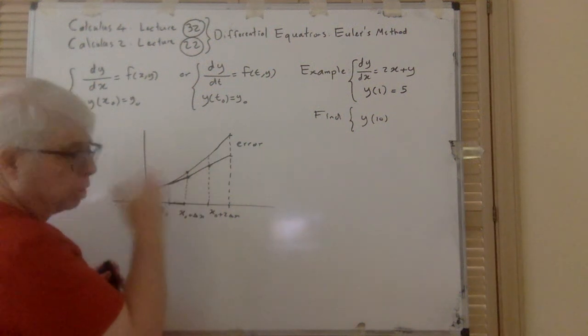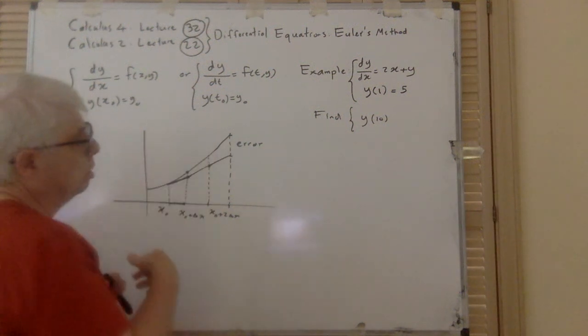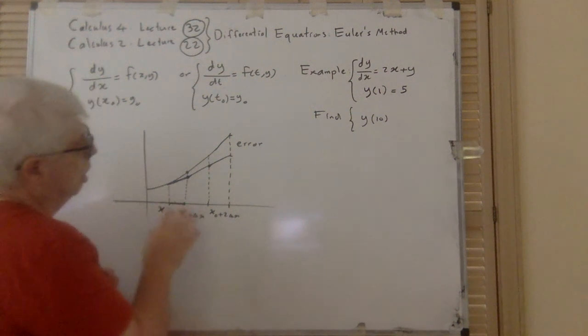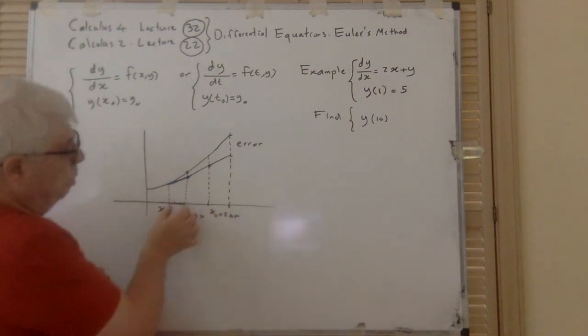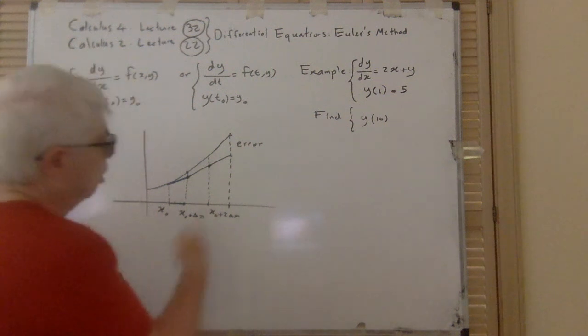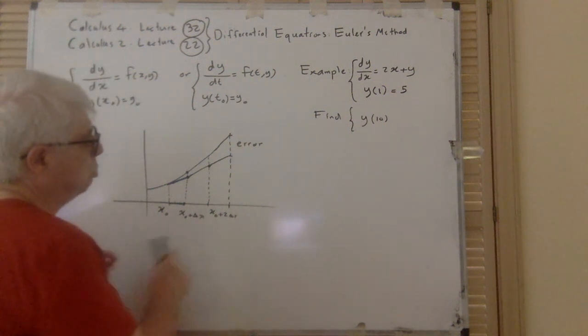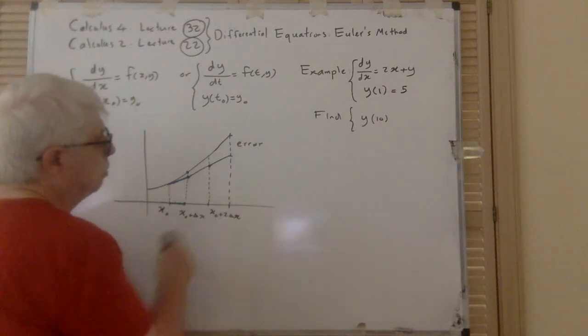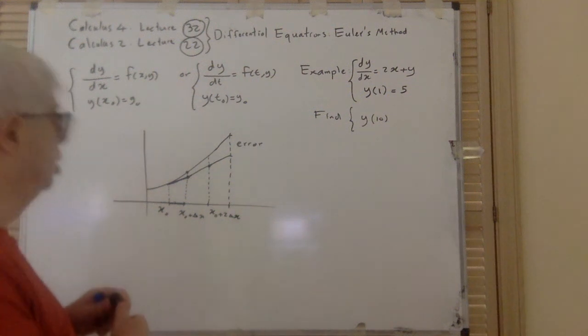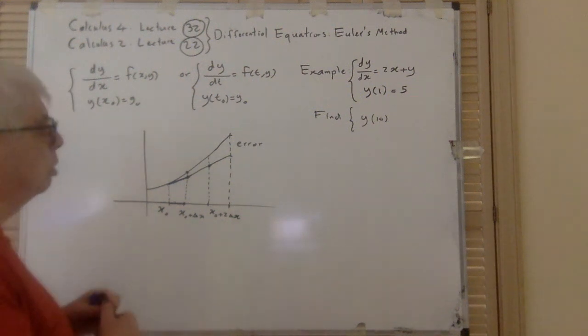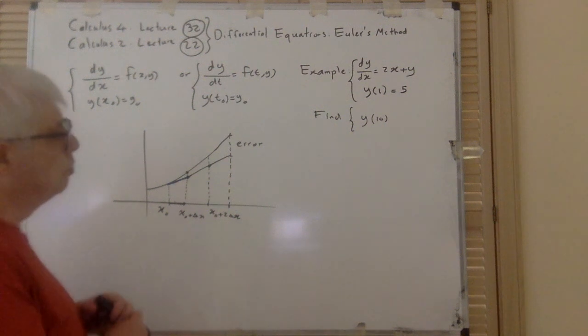Well, I'm not saying it happens all the time. I'm talking about nice functions, say. If I pick a small delta x, then you need some kind of a calculator or a computer, or maybe a small computer program to do that for you.